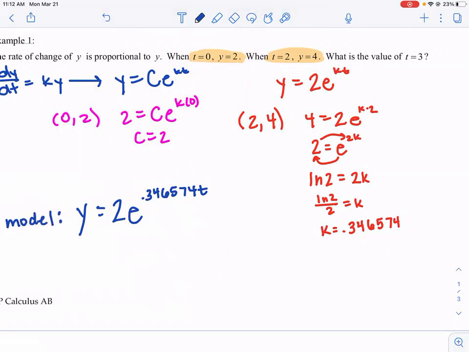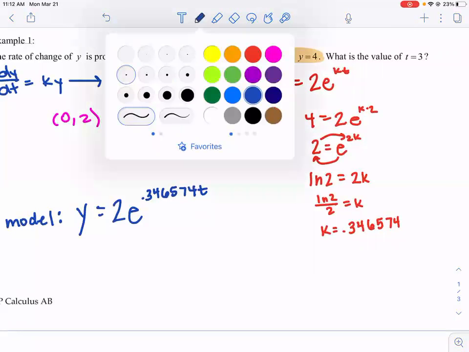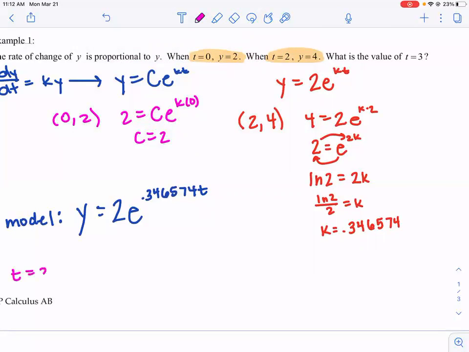Do we have exponential growth or decay? Growth. Our exponent's positive. If our exponent was negative, we have exponential decay. So now if I want to know the value at t equals 3, we take this equation and plug in t equals 3.